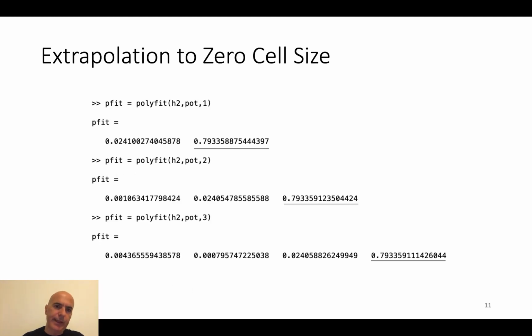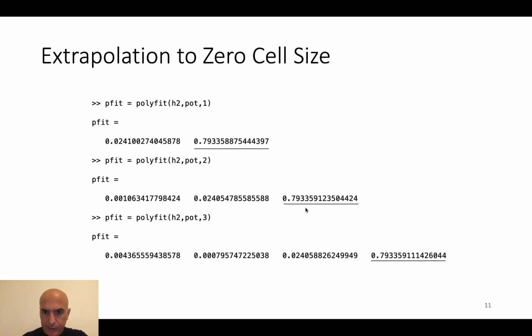So let's do this exercise using MATLAB. I do polyfit, and I take this variable. I put x, our experimental values, and then I use just one polynomial order, and this is the result. So our I naught is this value here. I keep increasing the polynomial order, right?